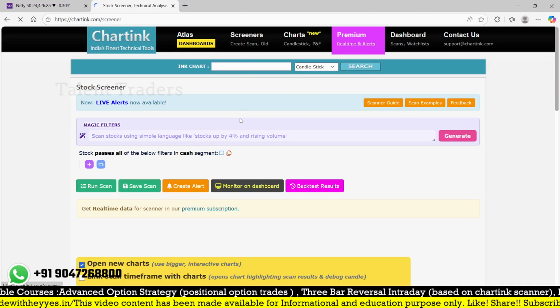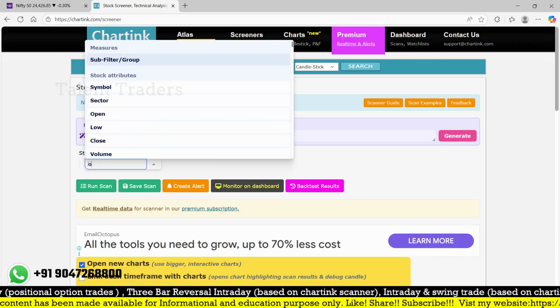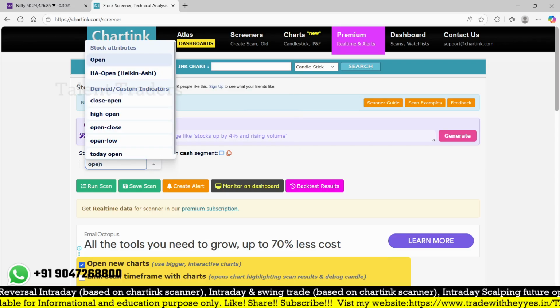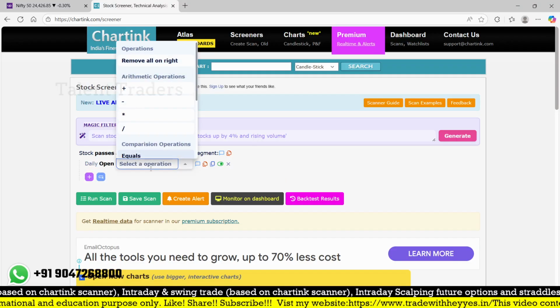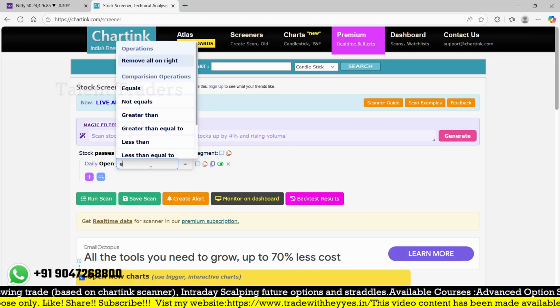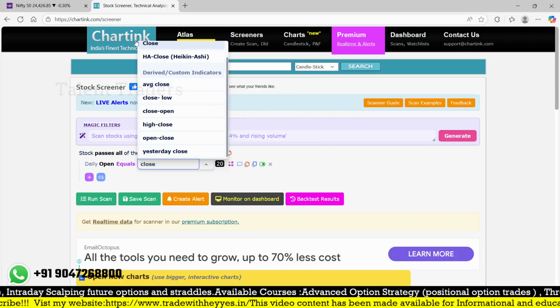But in direct equity stocks, we can try to find a doji with a simple condition: open equals close. Sorry, open equals to close. This should be the condition you can use to find doji stocks.